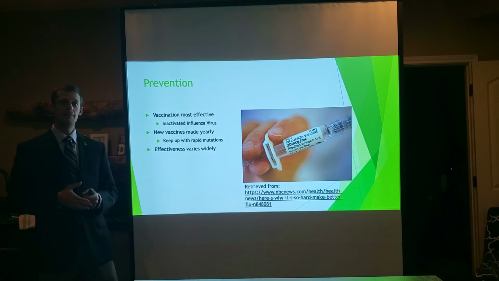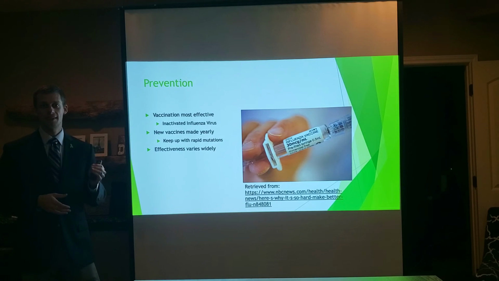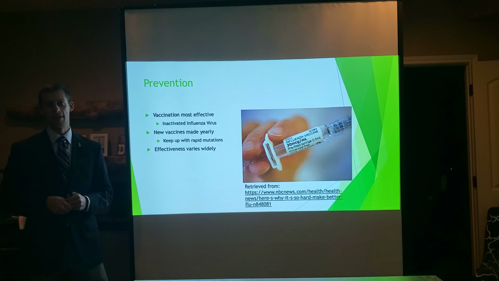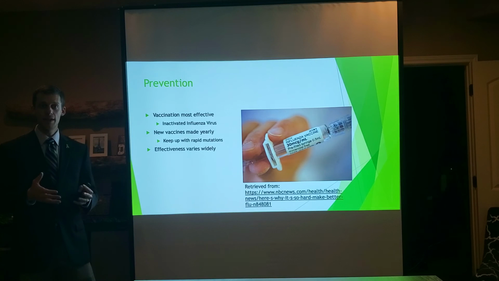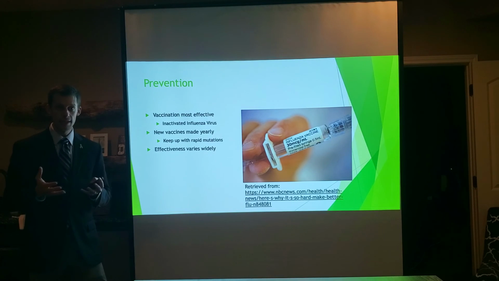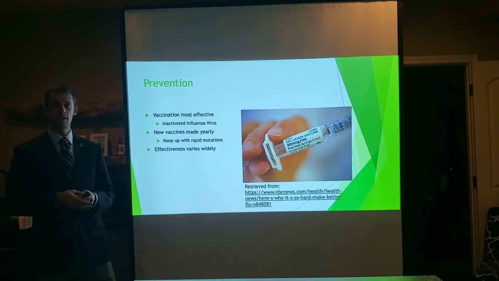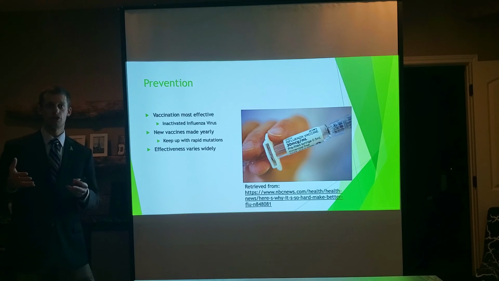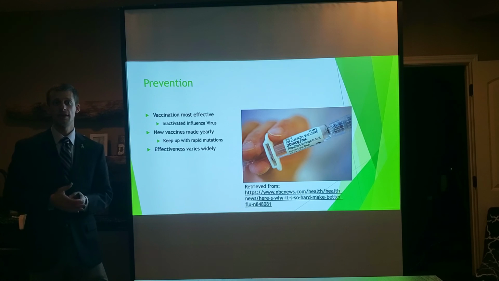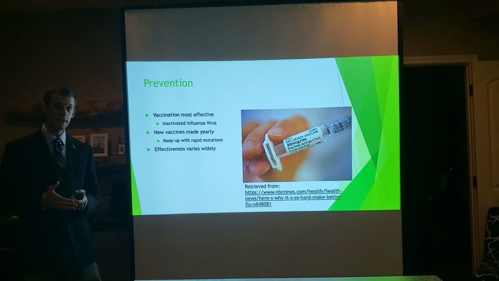Vaccination against influenza is the most effective way to control the spread of influenza by slowing infection rate and increasing herd immunity. Many different types of vaccinations exist that can protect against different strains and are made differently. Most of them are made from inactivated influenza virus grown by egg incubation.